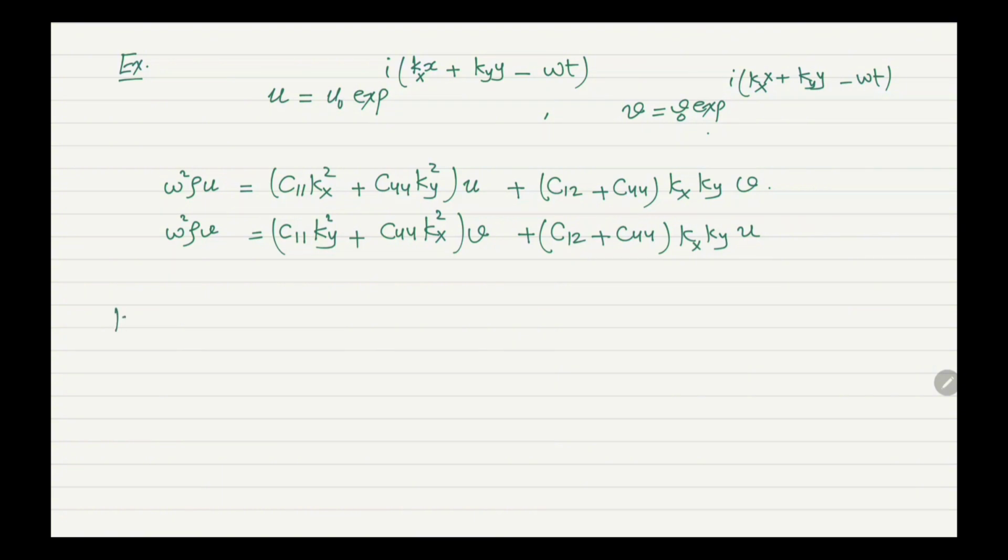Assuming that kx is equal to ky, which equals k over square root of 2, because the wave is actually along 1, 1, 0.